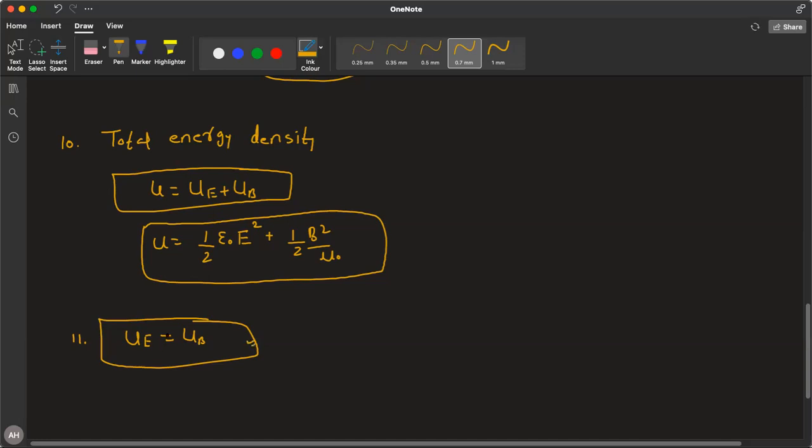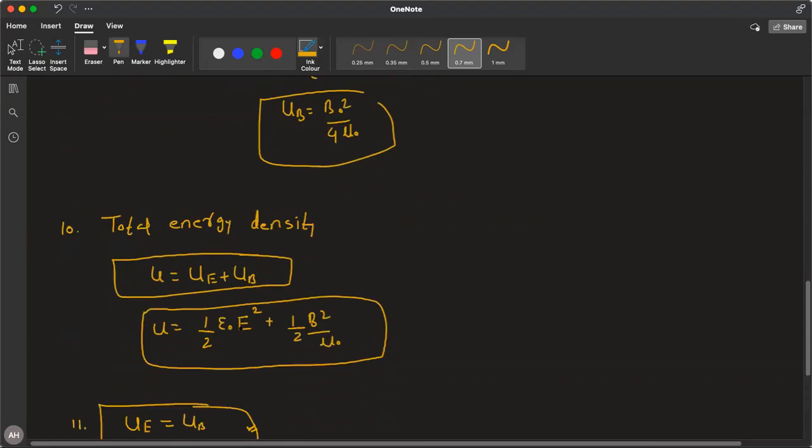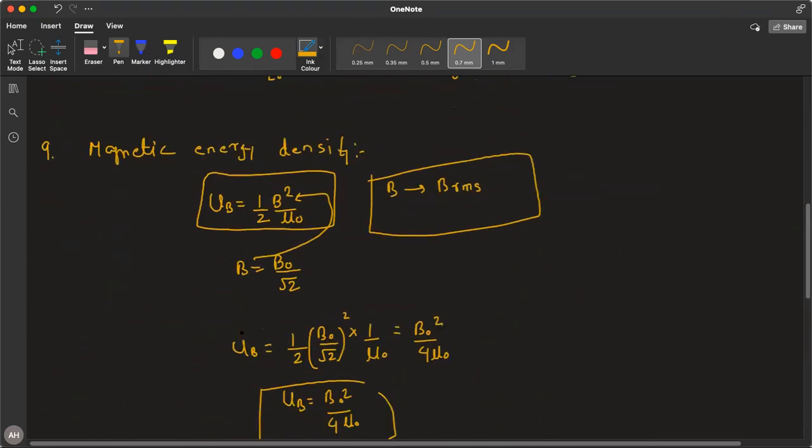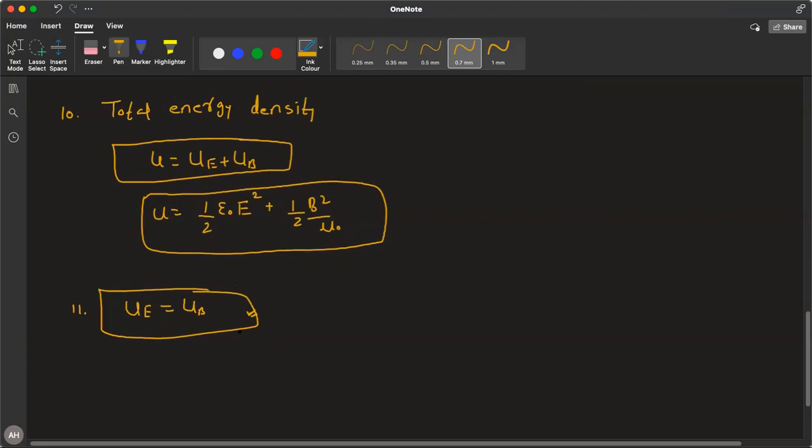In an electromagnetic wave, you get equal contributions from the electric field and the magnetic field: 50% from the electric field, and another 50% from the magnetic field. Note it down. Write this total energy density, then we'll do some numericals.